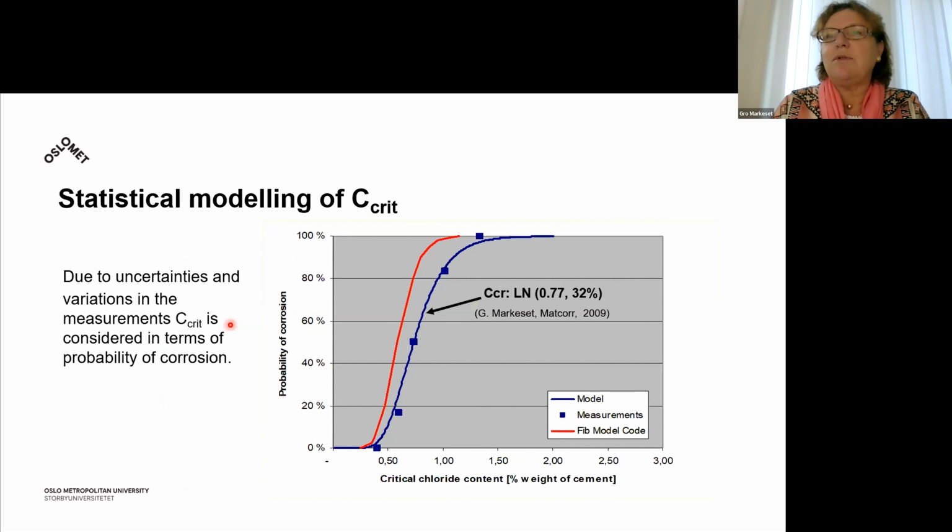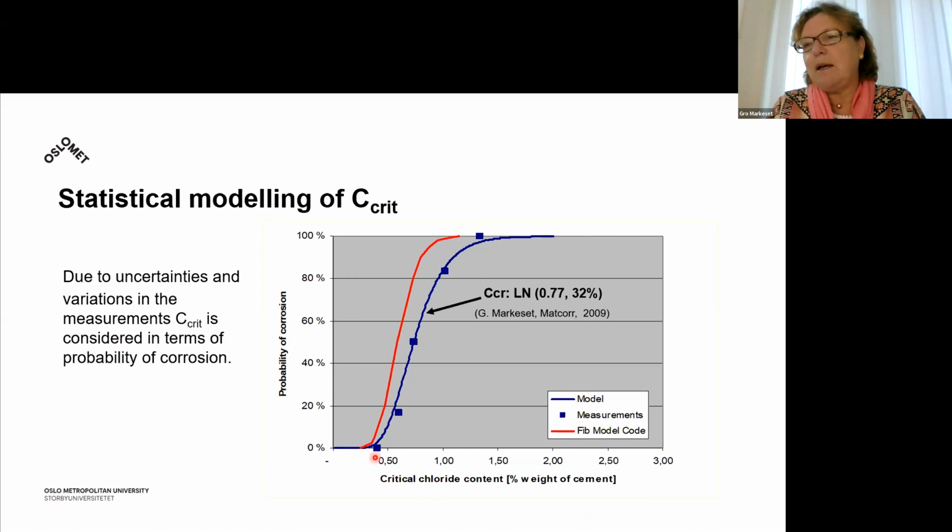So then we could use the distribution from all the measurements to find the probability of corrosion, because we can't say 100% in each place that this is corrosion, but it's a probability of corrosion. There are a lot of uncertainties and variations, both in the measurements and also the variation in the environment in the system.